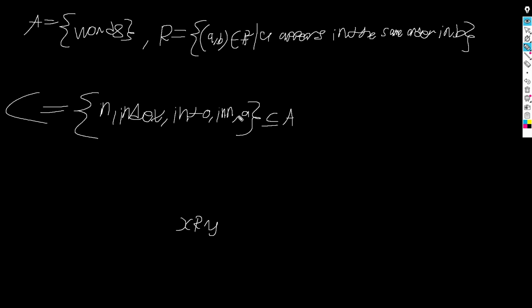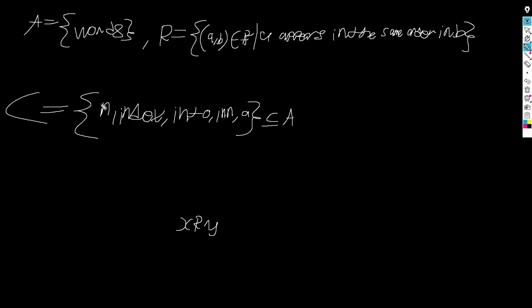So since neither A nor in are larger than any other elements of C, we'll call A and in minimal elements of C. But note that neither A nor in is the smallest element of C, because first of all, A is not contained in anything in here, and in is contained in index, into, and in, but not in A.